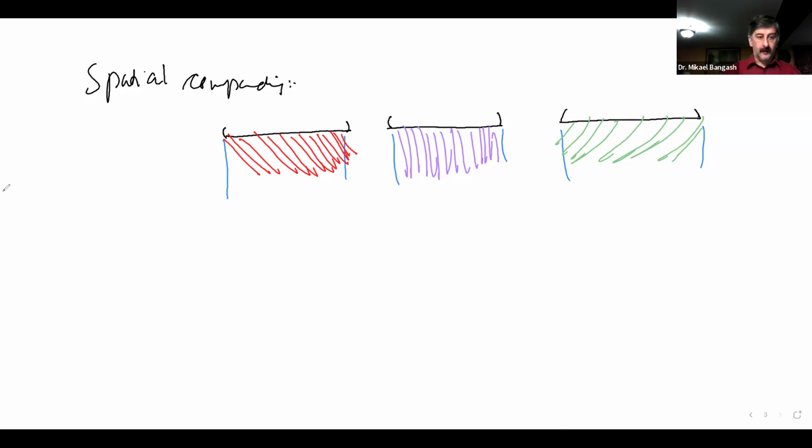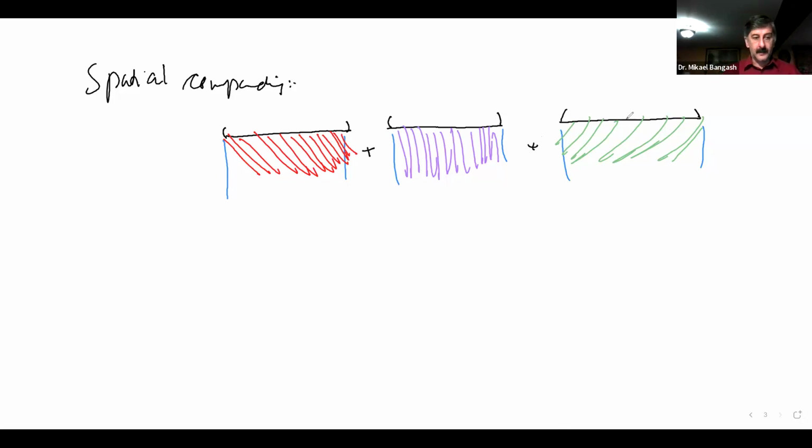What compounding mainly is, is when all these three scans from different angles are overlapped.